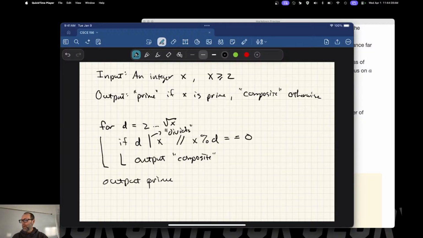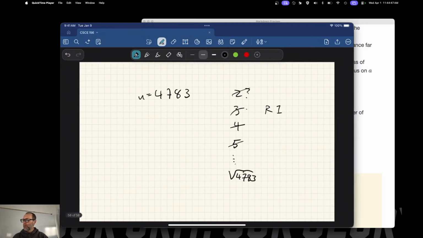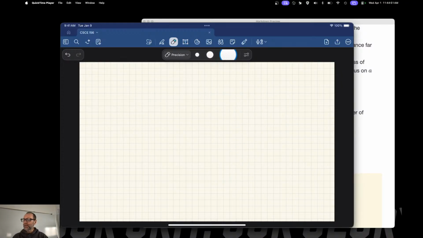Well, from a naive perspective, how many times does this for loop run? About square root of x times. What if I were naive and said that the size of x is x?